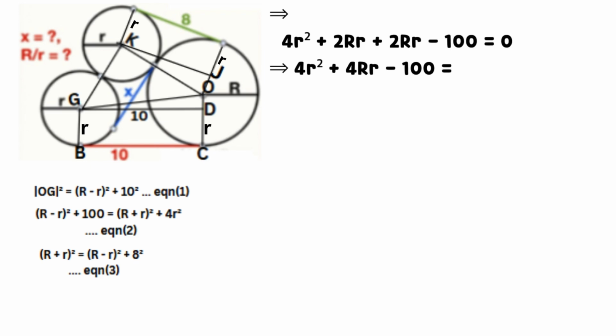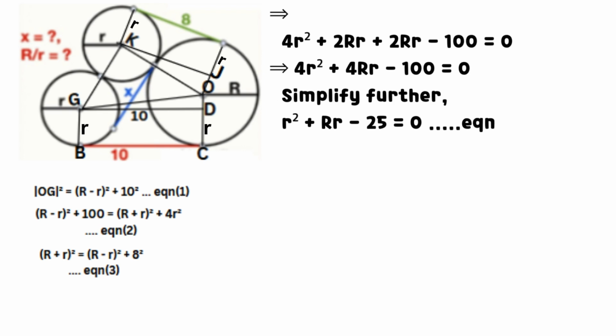Simplify further so that the sum of the square of small r and r times small r minus 25 equals 0. We call it equation T.